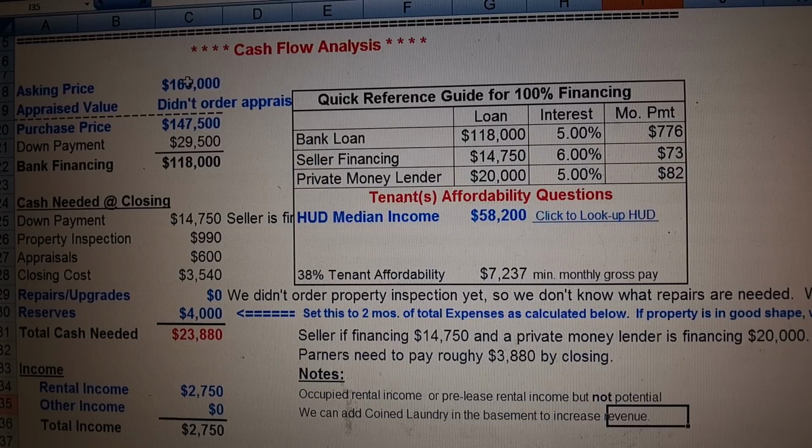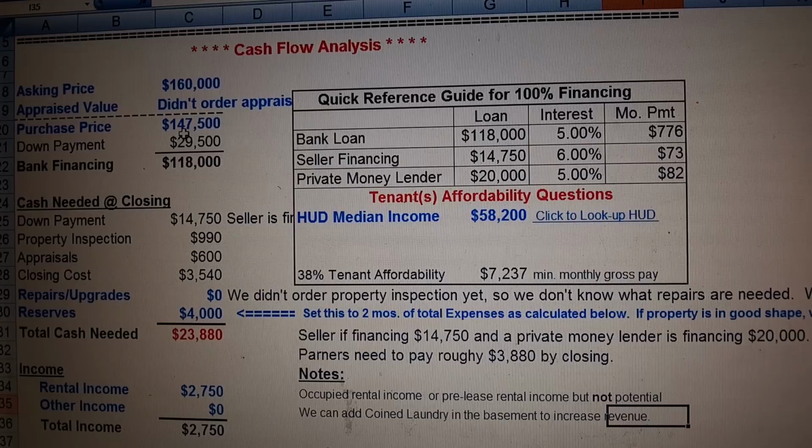So here's the mouse in the upper left hand corner. The asking price was $160,000. Again, we have it under contract, we're under the due diligence period, so we didn't order the appraisal yet, okay? What we did so far is we incorporated a limited partnership, an LP, between my partner and I. Once that's done, we'll order the appraisal, but right now we're just under the due diligence period.